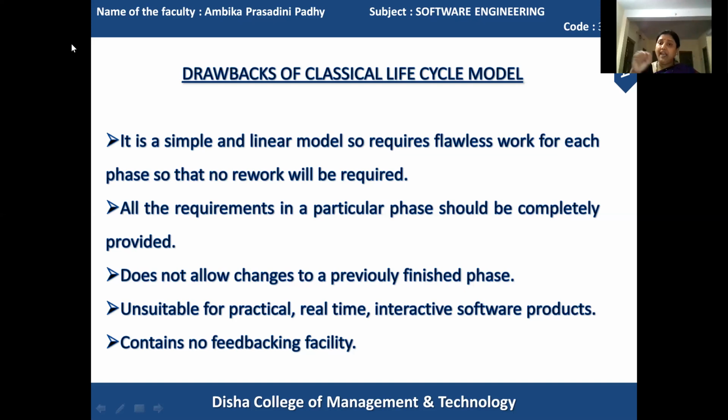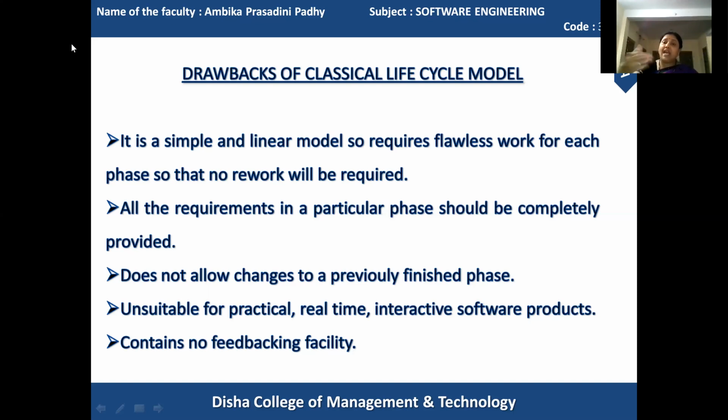When we write in a notebook, once a line is written, we cannot erase it. Similarly, this lifecycle model can be used for documenting, where once it is written, it is written. But real-time, interactive, practical systems will not allow this, because they are variable in nature.